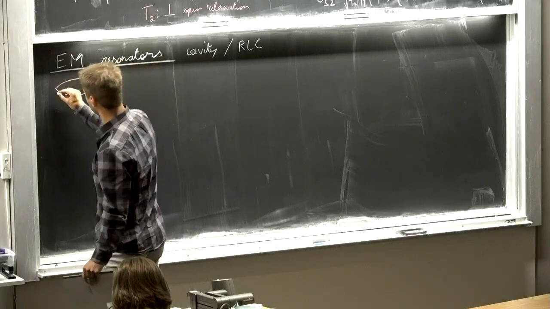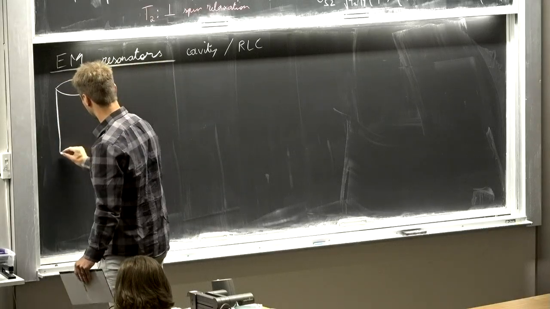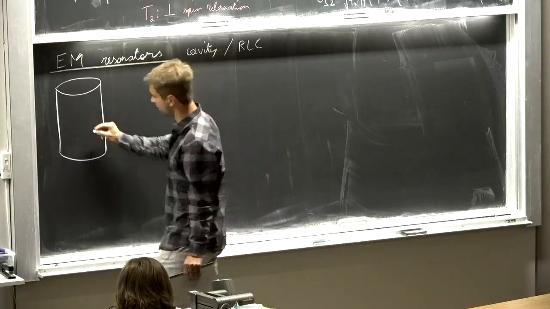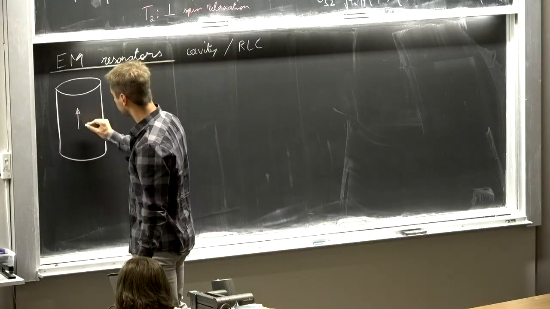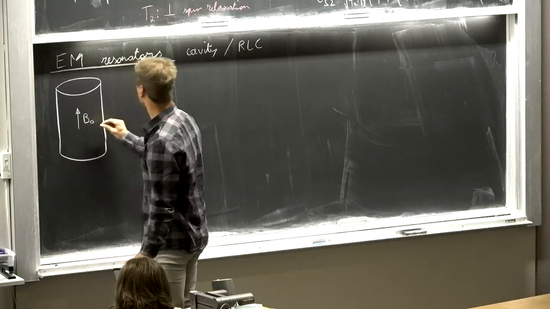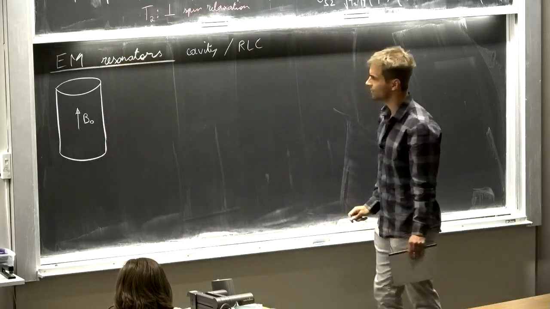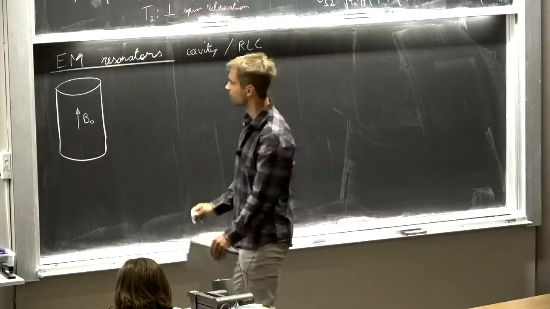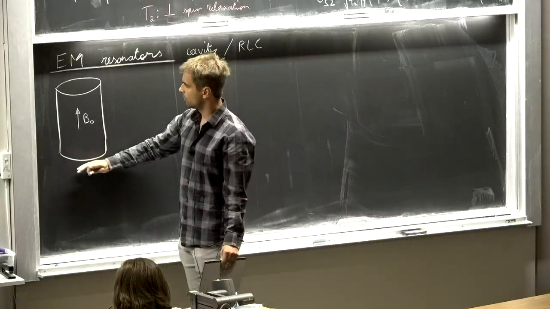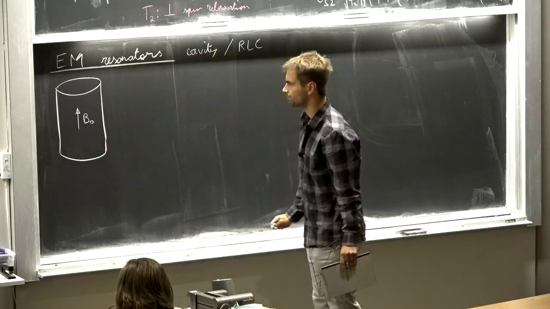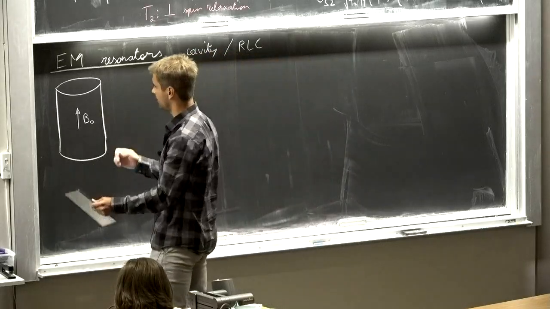So in fact, the setup, I will draw a very simplified and wrong picture of the experiment. But essentially what is done is you have some cavity or RLC circuit. You could argue a cavity is effectively an RLC circuit with many modes. You embed your experimental apparatus in some large magnetic field, so let's say some solenoid.